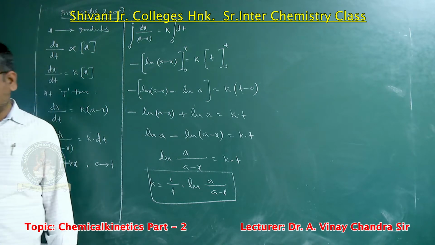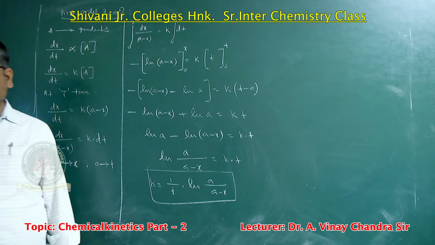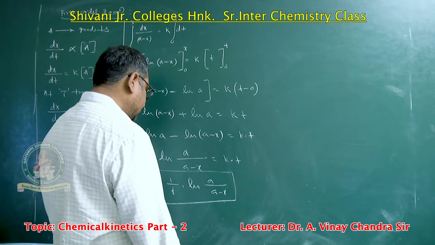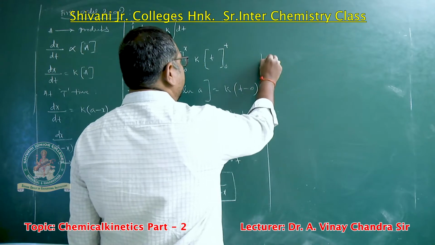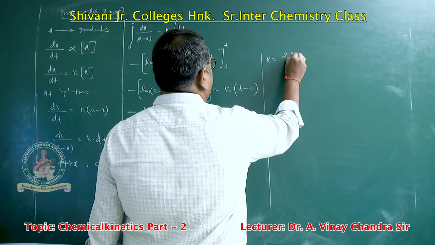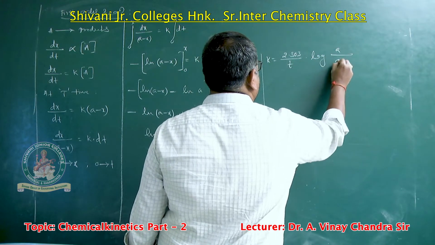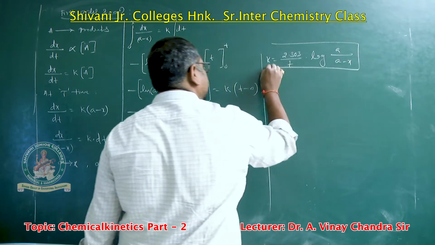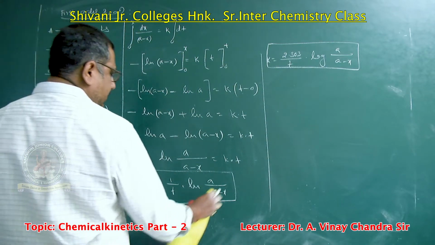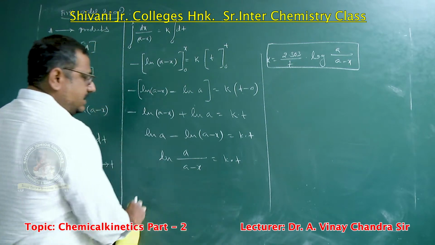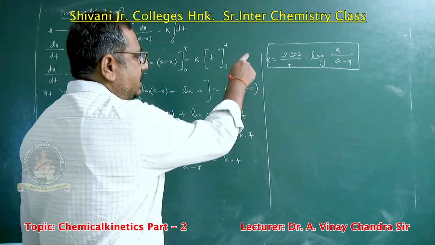So this is the natural log equation. If you take the logarithm to base 10, k is equal to 2.303 by t log A by A minus x. This is the first order rate equation.